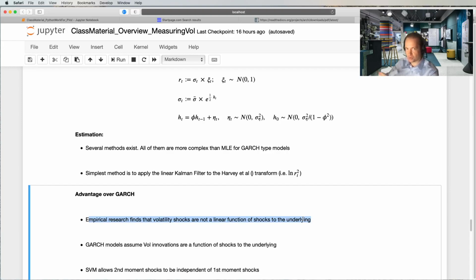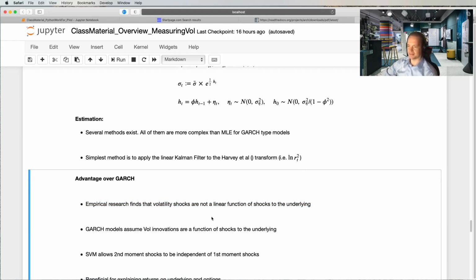Because although vol moves, it's directionless, but it moves by the same innovations as the underlying, epsilon square. But it doesn't. Okay, right, and in the course, I want to provide some evidence for that. I'm not sure we get there.